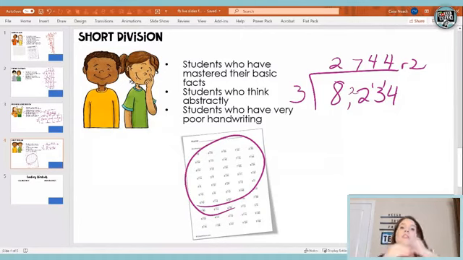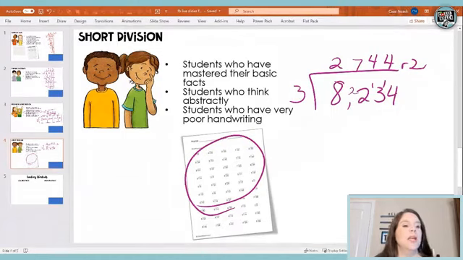But I would not just take short division and teach it to your class, because if you do that, they're not going to have the conceptual understanding of dividing big numbers. They're not going to realize that you can take a big number, break it into littler numbers, divide the littler numbers, and still find the answer. And that is really important for kids to understand.